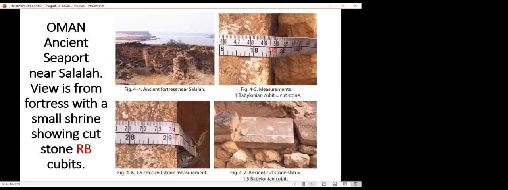We're measuring here cut stones on top of the entry walls. Here, one Babylonian cubit. Well, a good introduction to this seaport for a potential worldwide spread of this culture of measuring.